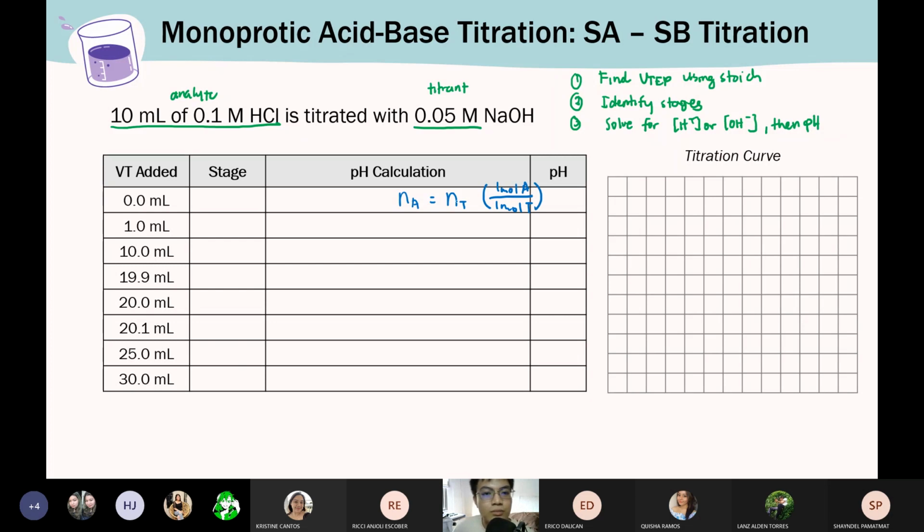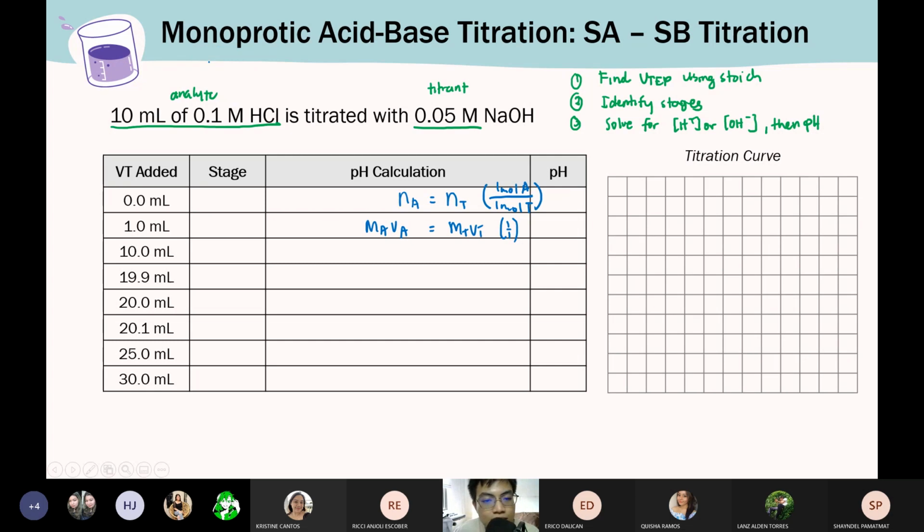So, the moles of analyte is equivalent with the moles of titrant. Okay? So, how to get moles? So, that's molarity times volume. Okay? So, MAVA over MTVT is 1/1. Okay? Bakit 1/1? Kasi nga, it is monoprotic. Okay? Monoprotic kasi.